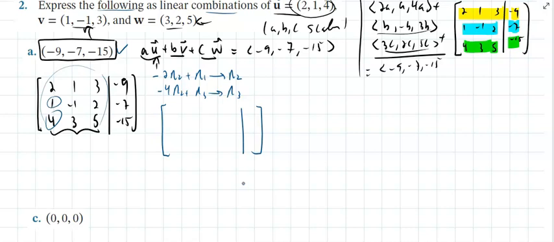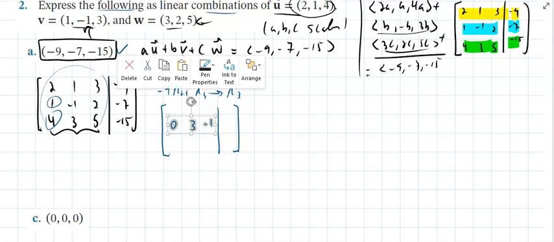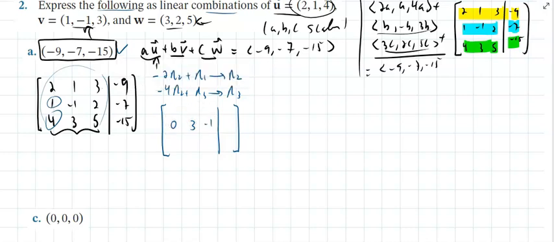Multiply this by -2 and add it to row 1. That's 0. 2, that's a 3. And -4 plus 3, that's a -1. Oh yeah, we left it like that, right? Okay. So multiply by -2.